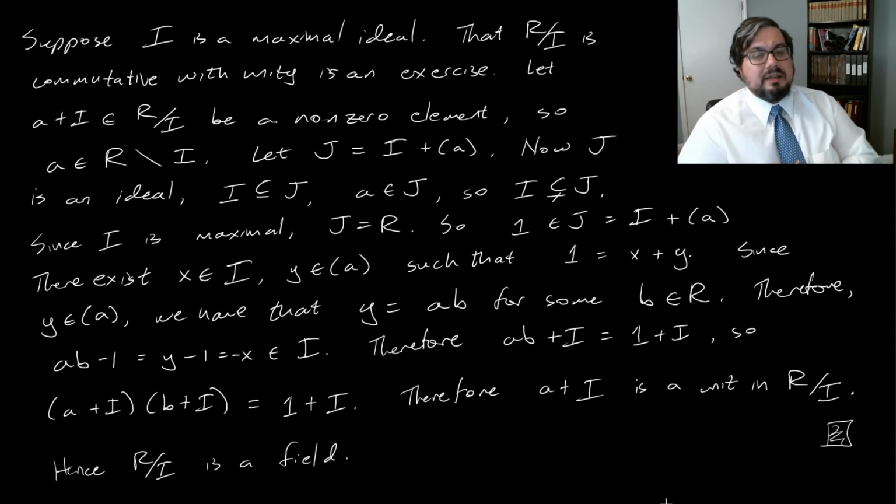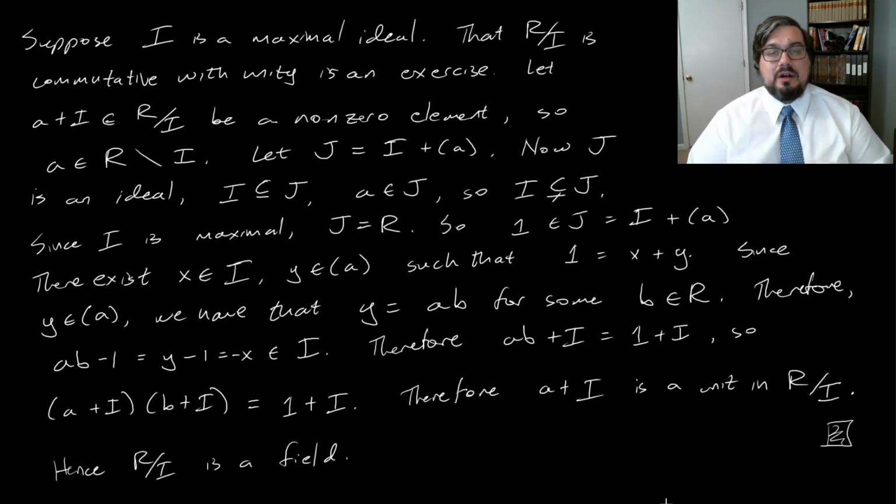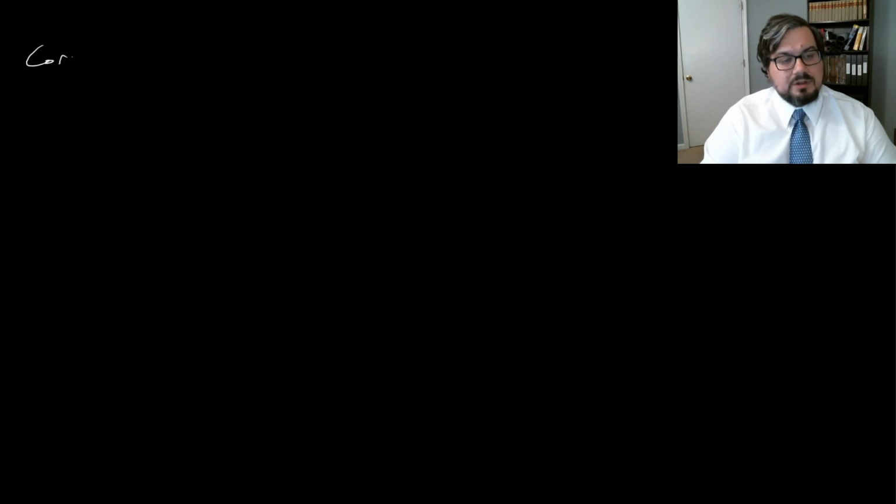So, if we're working with commutative rings with identity, then an ideal is prime if and only if its factor ring is a domain, and an ideal is maximal if and only if its factor ring is a field. Now we have a corollary based on these. We already know about some relationships between domains and fields. So we have Corollary 105.